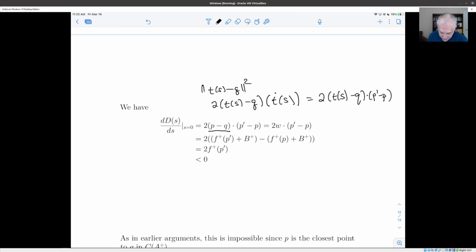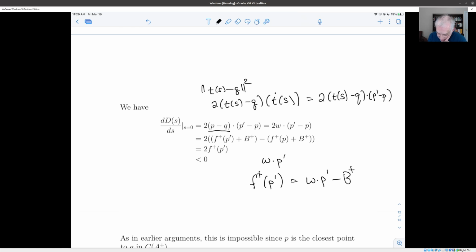And remember that W dotted with P prime, that F plus of P prime is W dotted with P prime minus B plus. So W dotted with P prime is F plus of P prime plus B plus, and W dotted with P is F plus of P plus B plus.